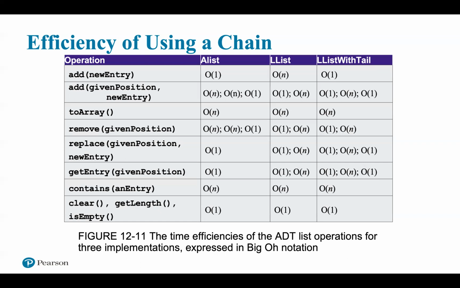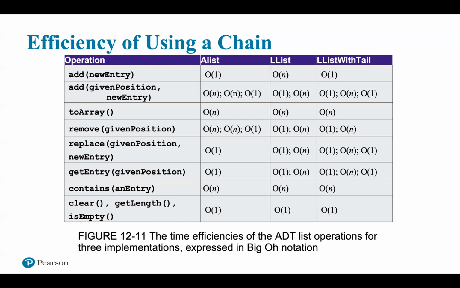For adding to the end of the list, because the chain in the class LList does not have a tail reference, the LList add method, as described in segment 12.9, must traverse the entire chain of list nodes to locate the last one before it can add an entry at the end of the list. The method calls getNodeAt to locate this node.